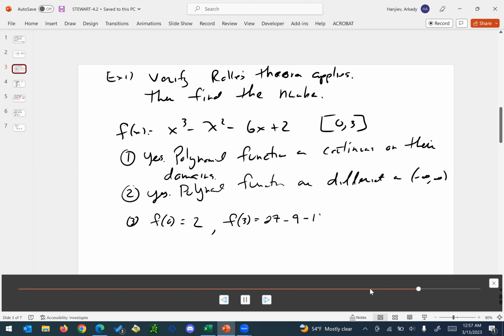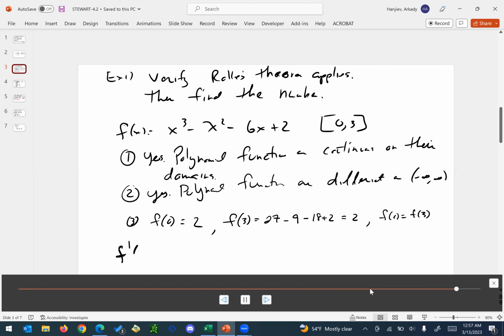Let's see. Thinking 3 times 3 times 3 is 27. I'm thinking x squared, so 3 squared is 9, so subtract 9. And then I'm thinking 3 times 6 is 18, plus 2, which makes 2. So yes, absolutely. The value at 0, the value at 3, they both equal 2, but more importantly, they're equal to each other.